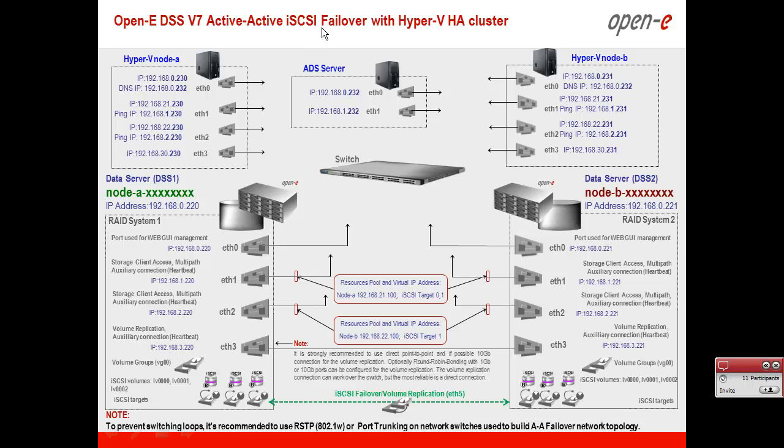Please note that we will have 5 computers here. Two, of course, are the servers for the iSCSI failover active-active, so those are the 2 servers running DSS V7, with node names node-a-, and then some random number, which we always advise to keep as created by the system, to not have 2 hosts in the network with just the same node name.